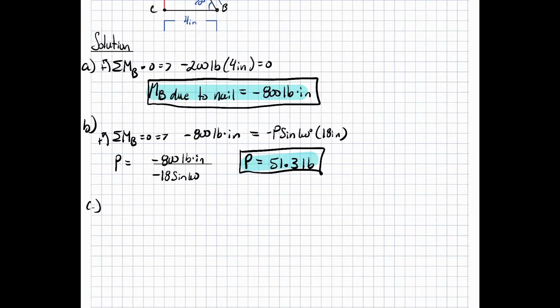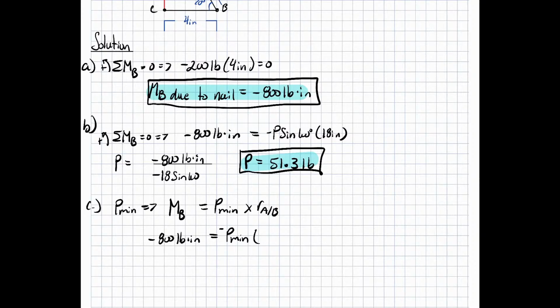Okay, and for the last part, we need to find P minimum about moment B. So P min, we have our moment about B is equal to our P min crossed with the R of A B. So we have the negative 800 pound-inches is equal to P min times that perpendicular distance.